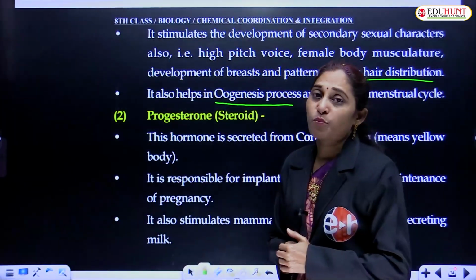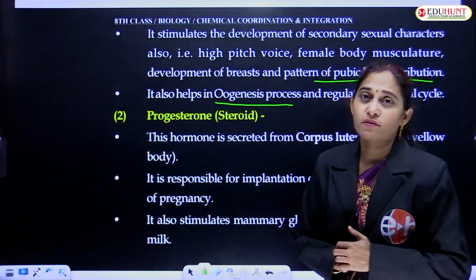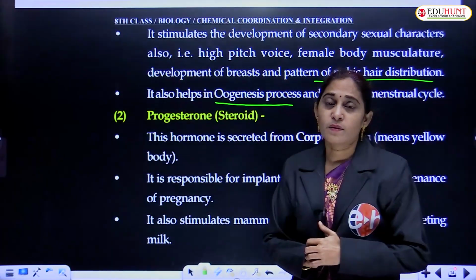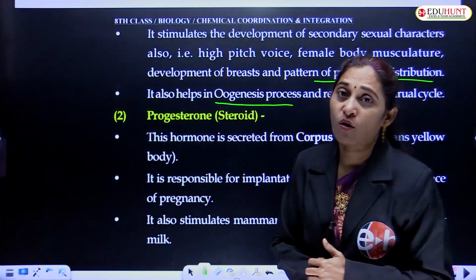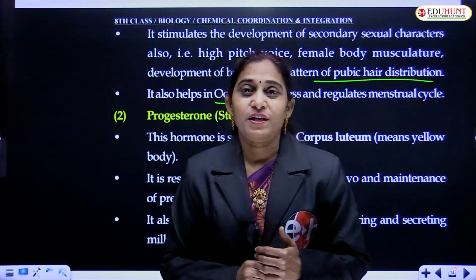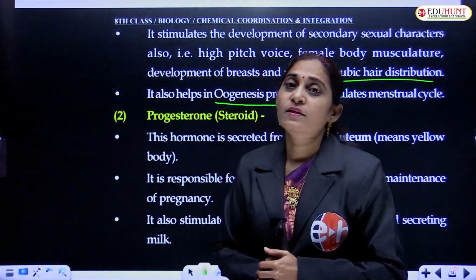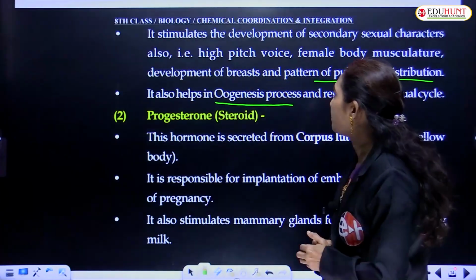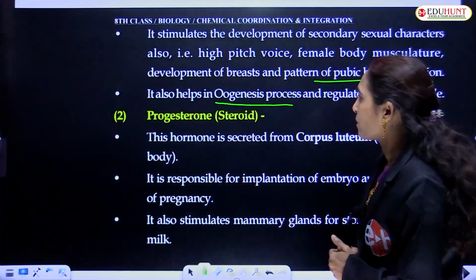It is also responsible for the development of secondary sexual characters in females like development and distribution of pubic hair pattern, and also breast development and change in the voice tone, that is pitch, change in the pitch of female voice.